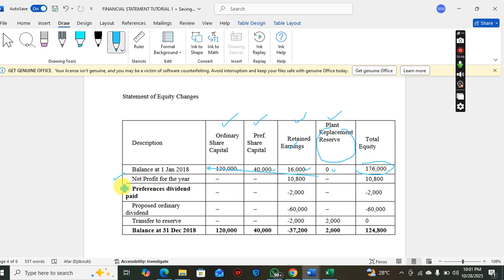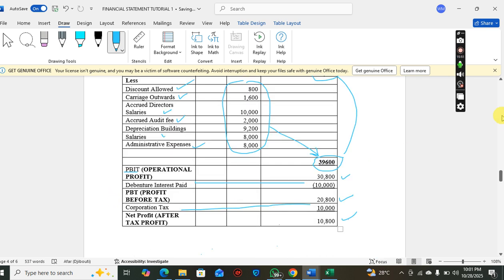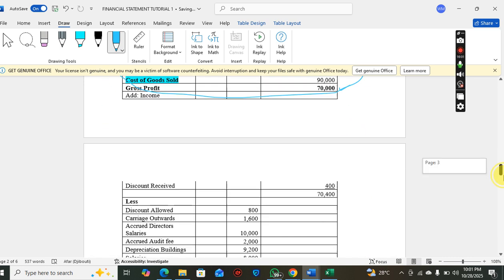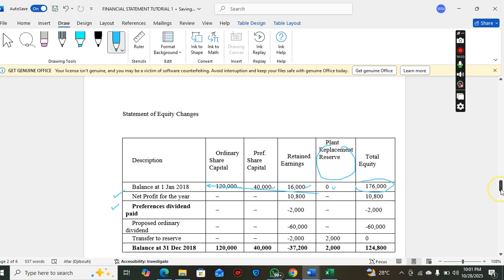The next adjustment that has to be made is the preference dividends that have been paid. In the trial balance, they told us the preference dividend that has been paid is 2,000. This 2,000 kwacha has been paid to preference shareholders. So it means this 2,000 kwacha is coming out from the retained earnings account, the money to pay the preference shareholders.